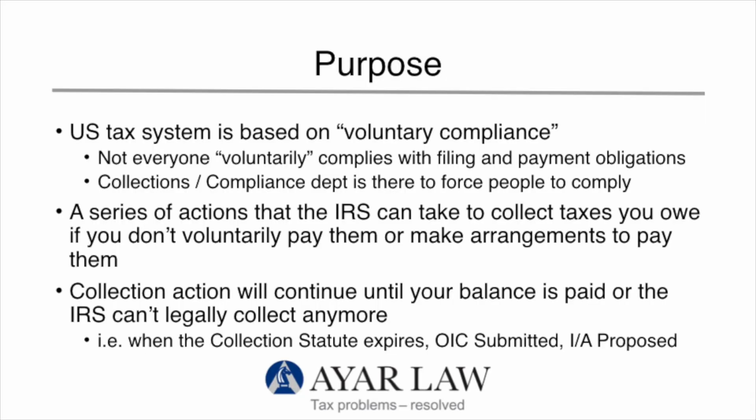So the first department, the one that most tax resolution cases have to do with, is the collections and compliance department of the IRS. The purpose of this division is that, as we all know, the U.S. tax system is based on what's called quote-unquote voluntary compliance. Everybody has to do their part and report their returns accurately and file on time.